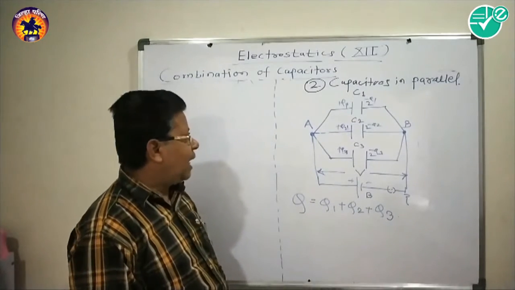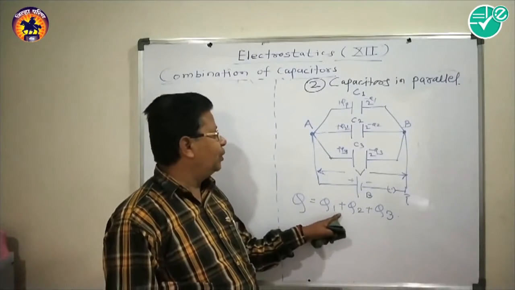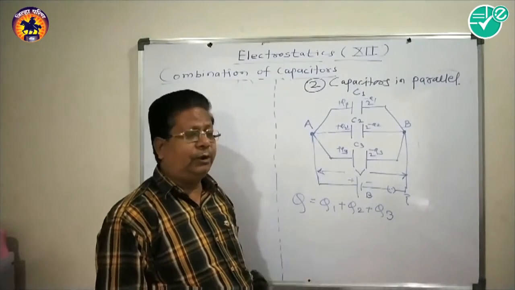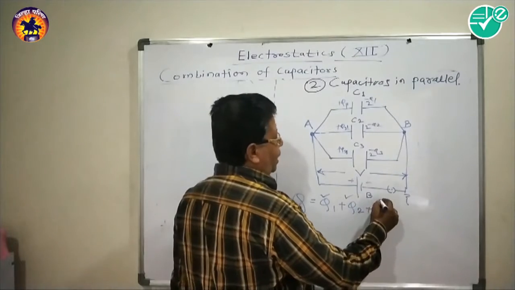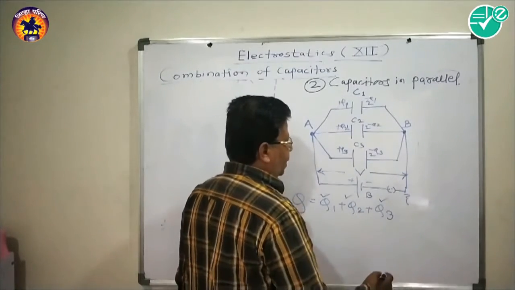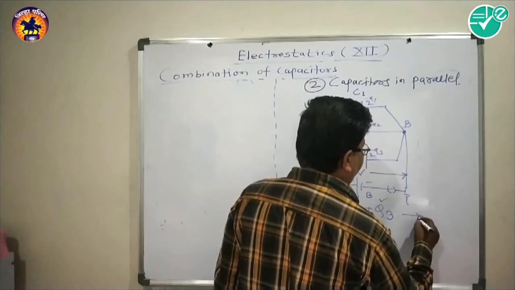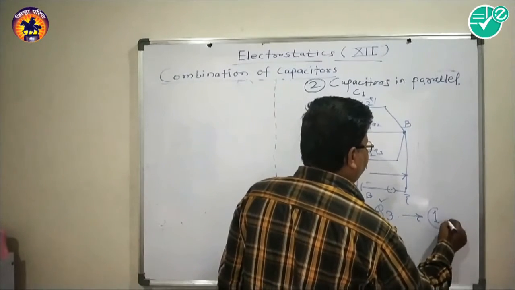So charge supplied by the cell is equal to Q1 plus Q2 plus Q3, that means charge on capacitor C1 plus charge on C2 plus charge on C3. Say this is equation number 1.